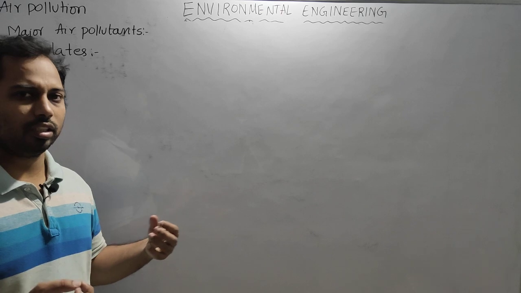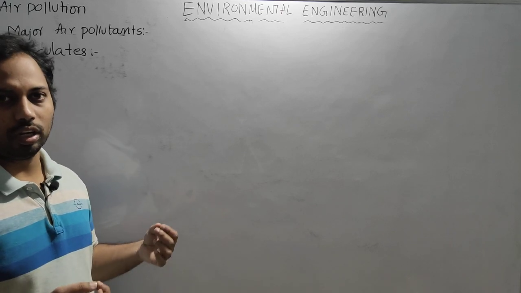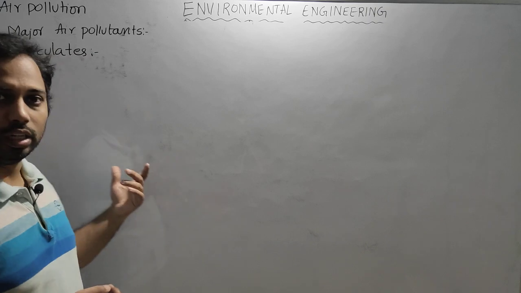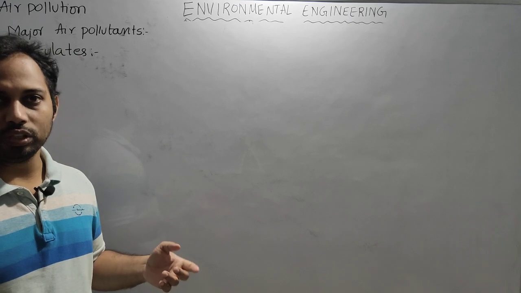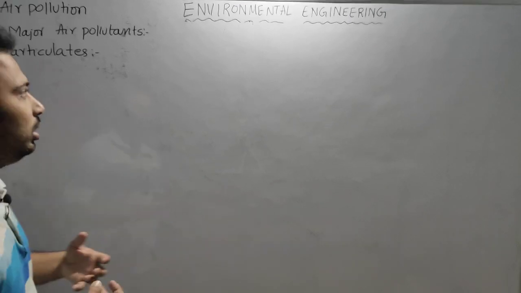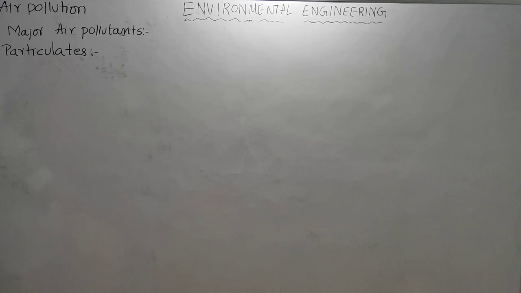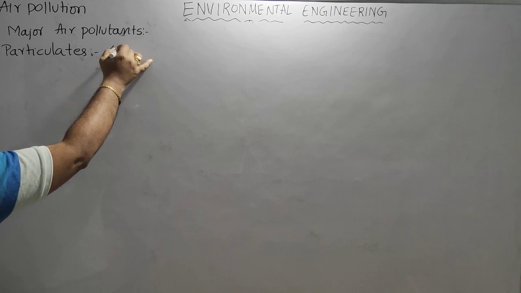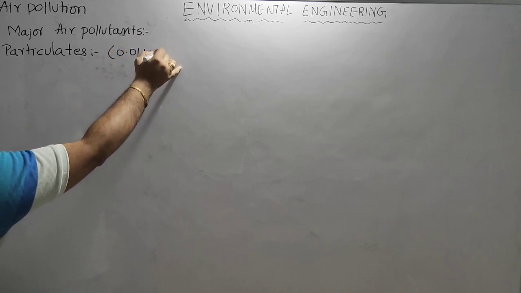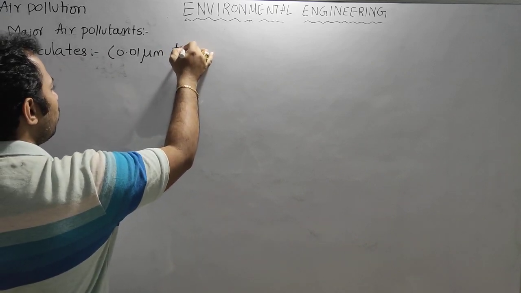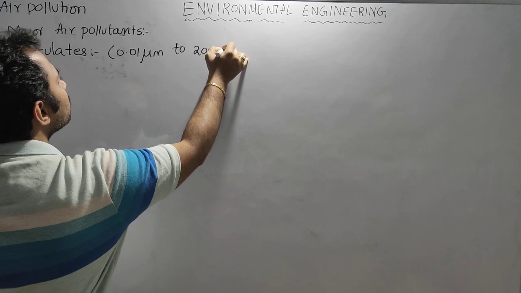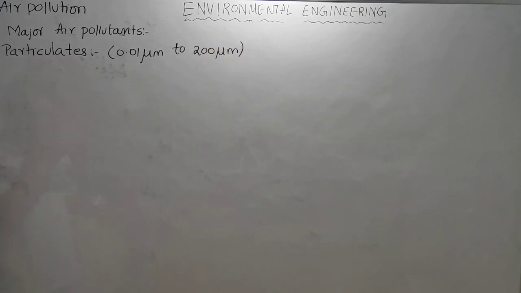Dust is a natural aerosol or particulate, and water droplets are another kind, which may be natural or man-made. These are all different kinds of particulates, generally having a size ranging from 0.01 micrometer to 200 micrometer. All these things are called particulates.